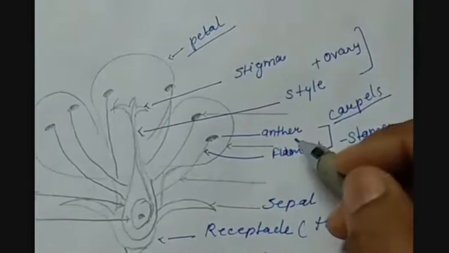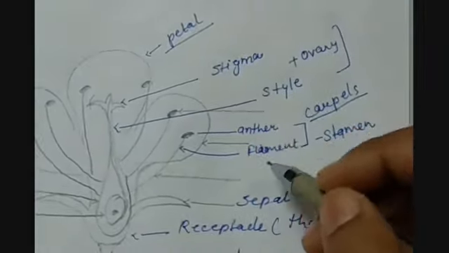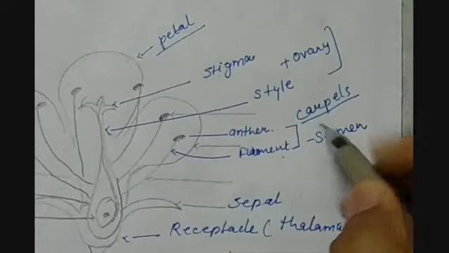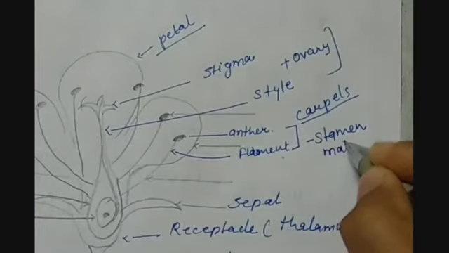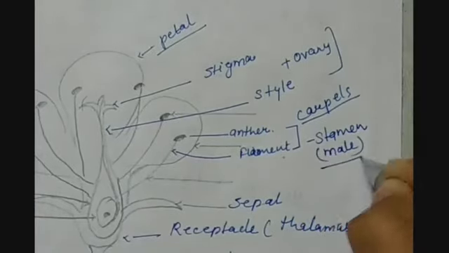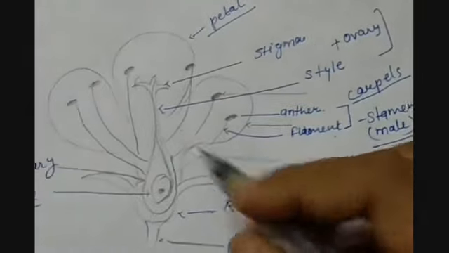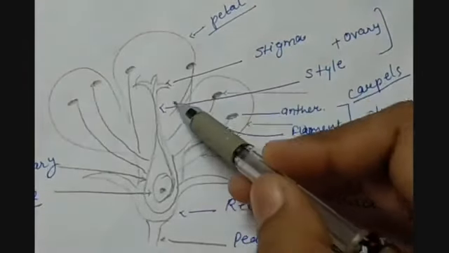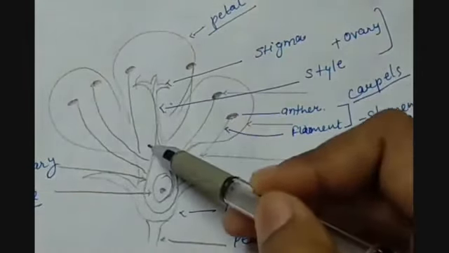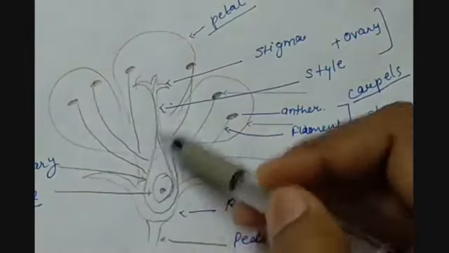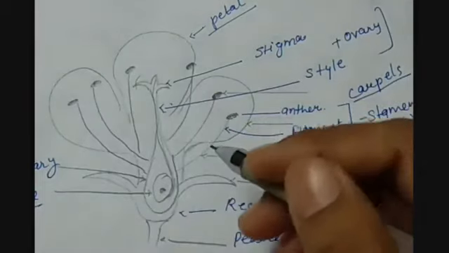Just look here: the anther and the filament together are called the stamen, and this is the male sex organ of a flower. Here we have the stigma, style and ovary, together called the female sex organ of the flower.